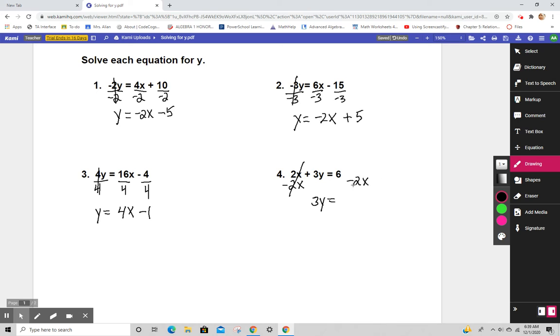Okay, and I like to always put this term here first, following the equal sign, followed by this number here. Add 6. Now, go ahead and divide through by 3. So I'll have y equals -2/3 x, and 6 divided by 3 is 2.